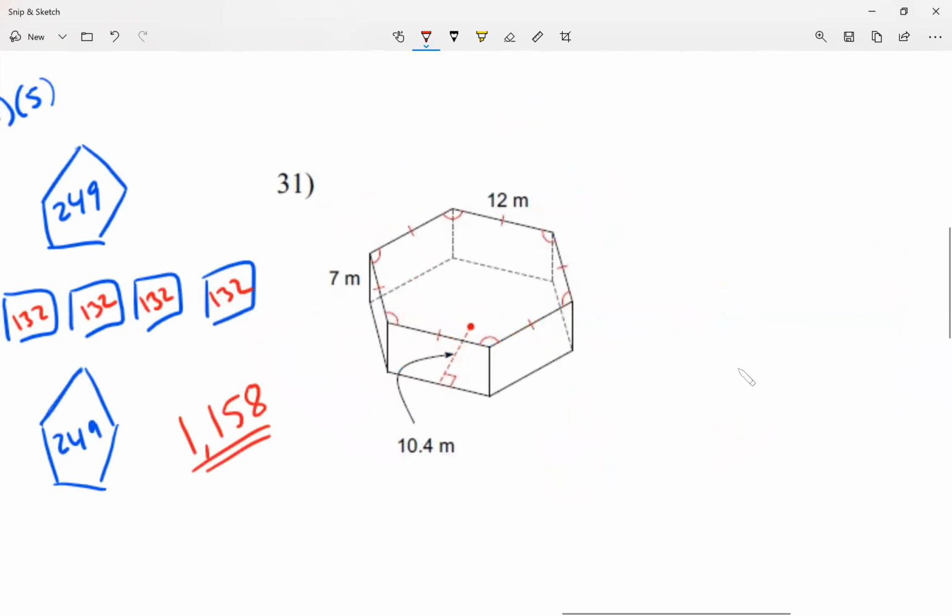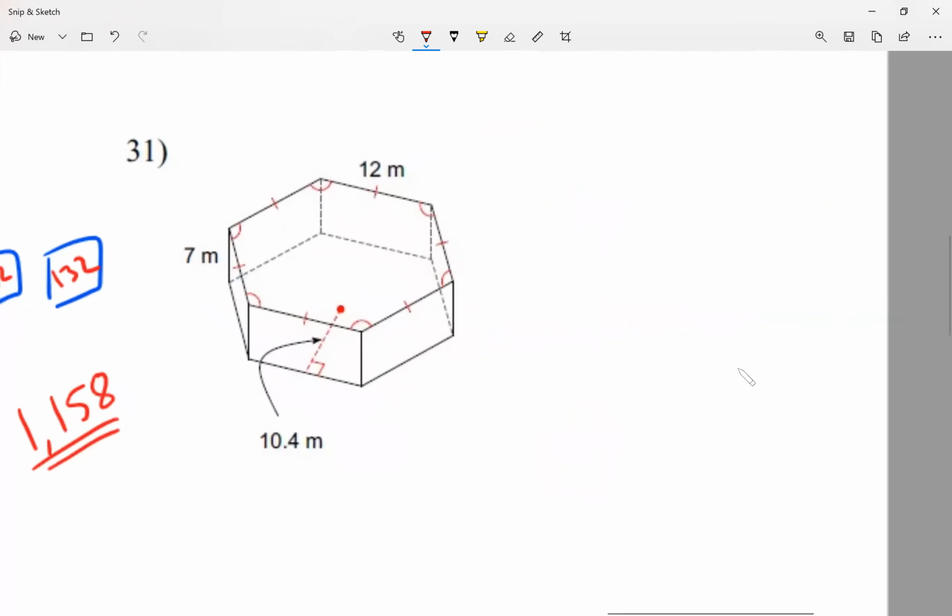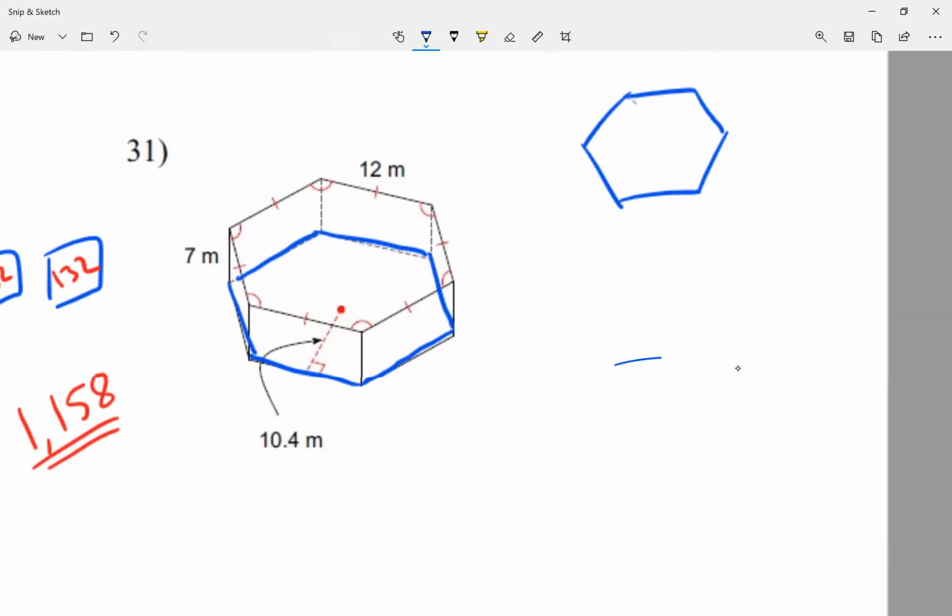Okay, let's take a look at number 31. Try to find a shape that is not a rectangle. I see a shape that has 6 sides. So I'm gonna draw it here at the side. Now, I'm always looking for triangles in hexagons, right?